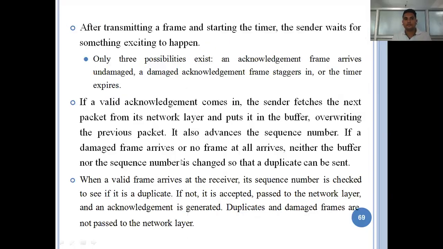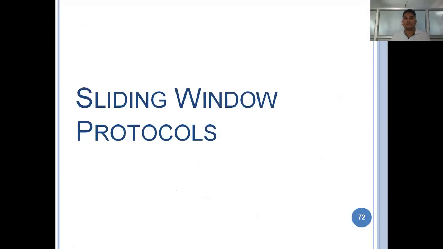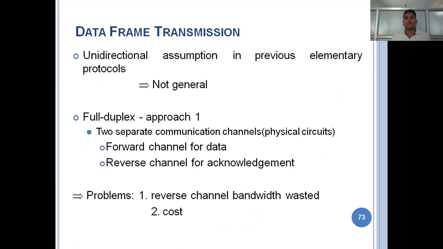But coming to the sliding window protocols, they are completely bidirectional. The bidirectional protocols are called sliding window protocols. There are three types of sliding window protocols.